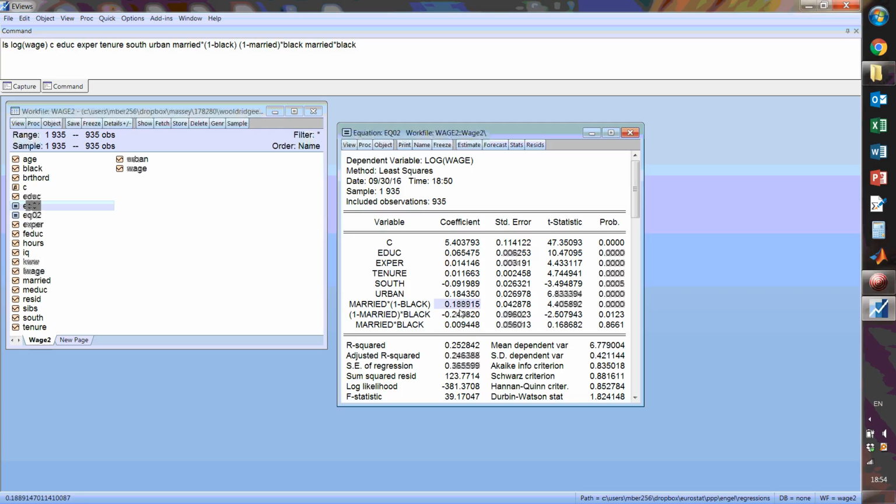Now, as to the economic value, this is a very large gap, because both of these people are married. One has a different race, and we are already controlling for their education, experience, and tenure, and whether they live in the South and whether they live in an urban or non-urban area, and the gap is still 18 or 19%, basically 18%, so very large.